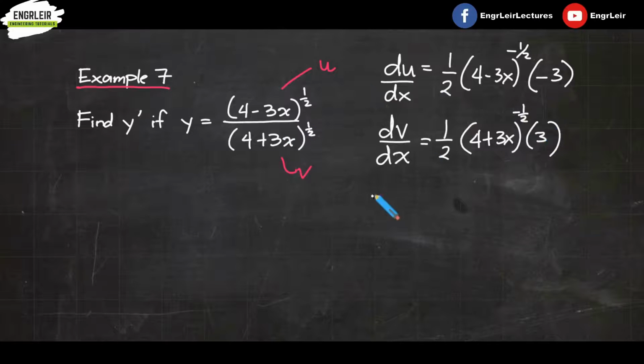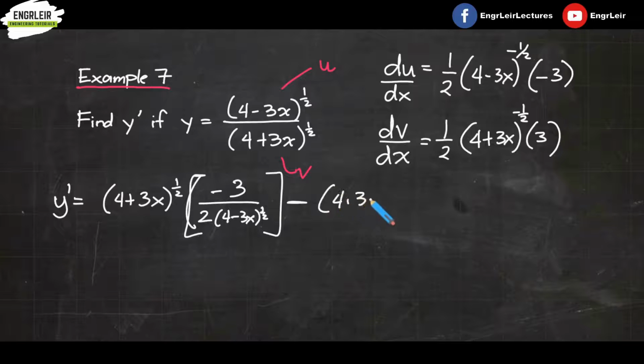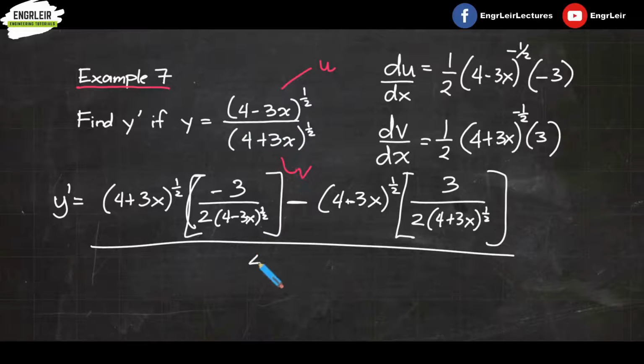Okay, now, substituting everything doon sa ating quotient rule, we get yung v, okay, v, then derivative nung isa, that would be negative 3 over 2 times 4 minus 3x raised to 1/2, okay, minus yung u, 4 minus 3x raised to 1/2, derivative ng v. So, this is 3 over 2, 4 plus 3x to the 1 half divided by yung square ng denominator, which is 4 plus 3x.